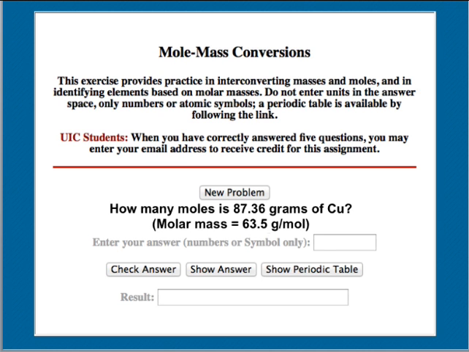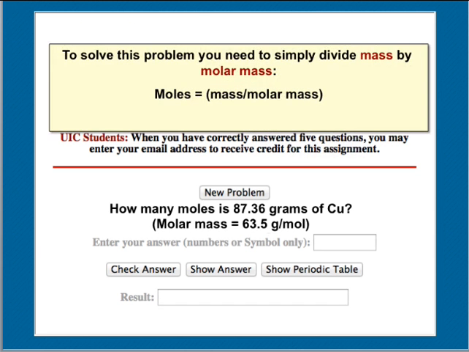Mass divided by molar mass is moles. So we simply take our mass divided by our molar mass, and we have 1.38 moles.